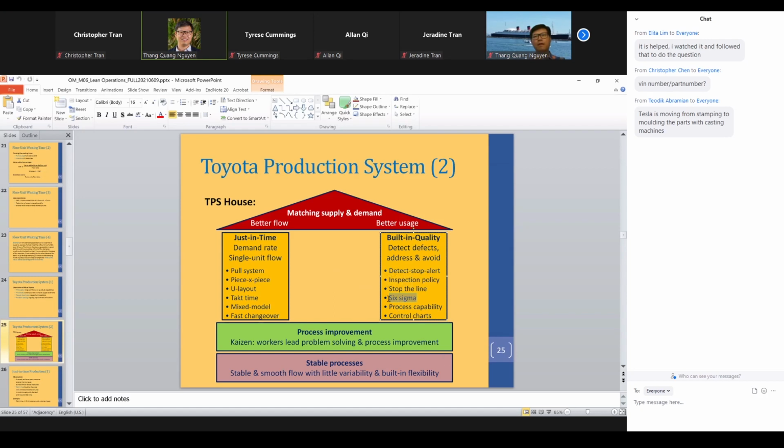Stop the line. Six Sigma, right, is a strive for near zero defects. So out of 1 million units, right, we only have very few defects. So that's a goal, that's the ambition. But to do that, then we have to invest in our process so that we have high process capability, right? It means that the units will stay within the design specification most of the time. Nearly all of the units will stay inside the specification, right?